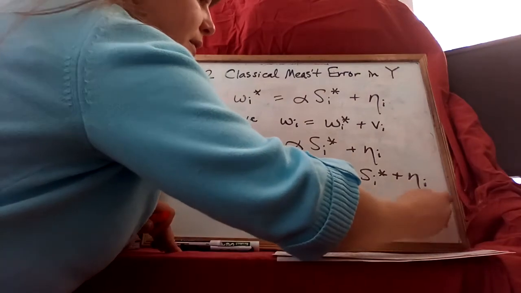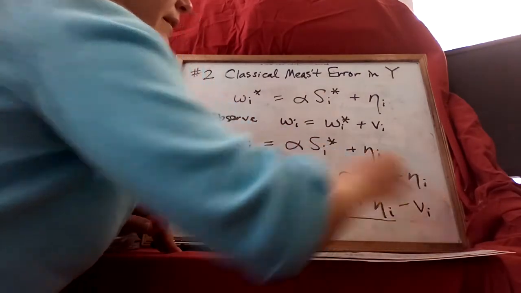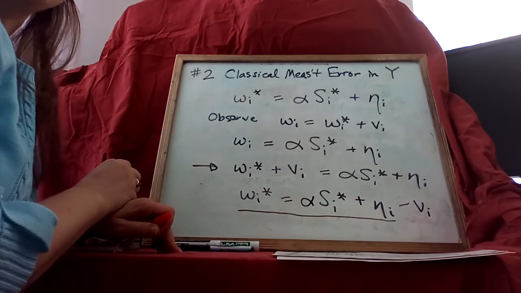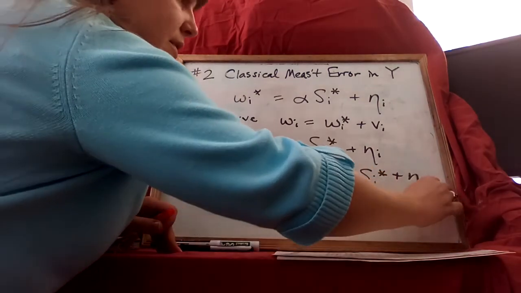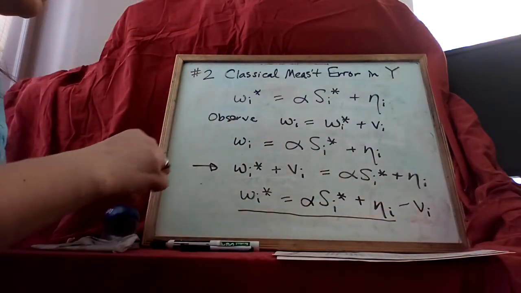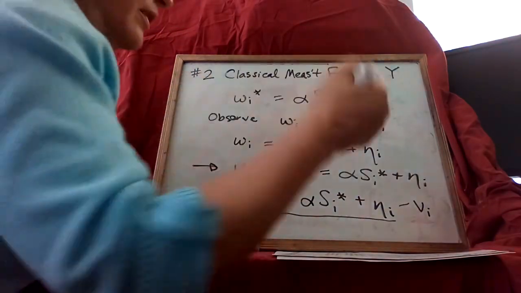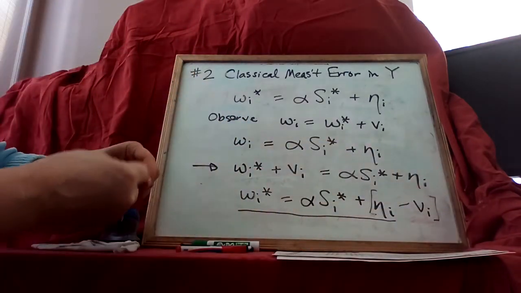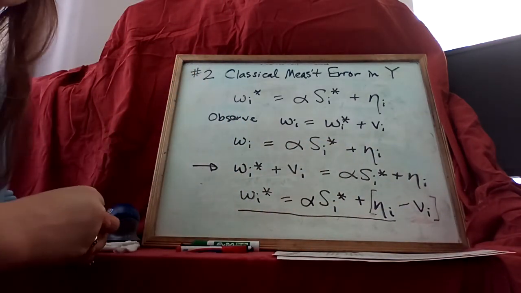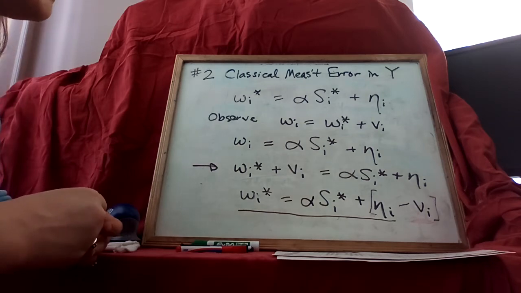That piece, the v_i, is the measurement error. And the way that the regression is going to handle it is it's going to treat this whole thing like it's one error term. The regression can't tell which part of the unobserved variation is from the original error and which part is from the measurement error. So the regression acts like this is all one error.